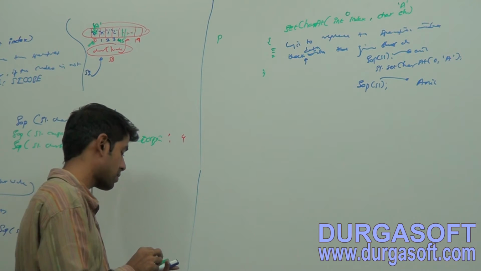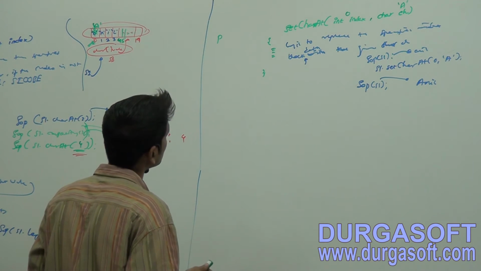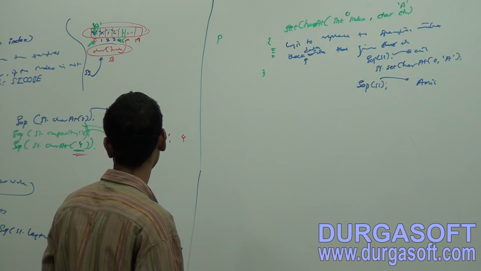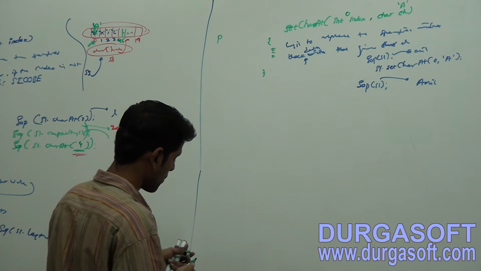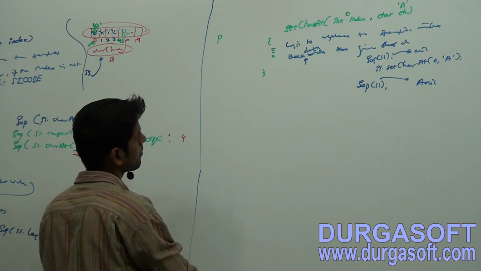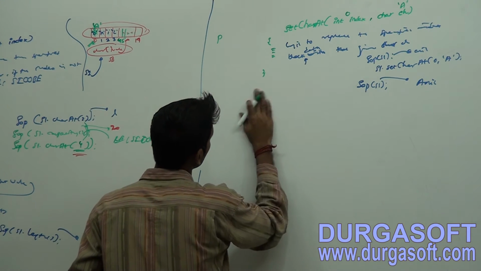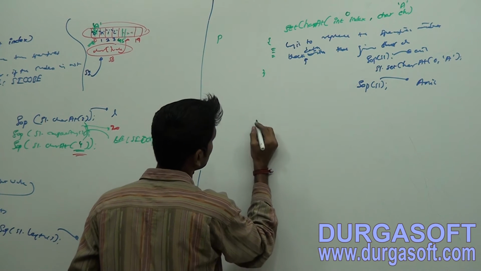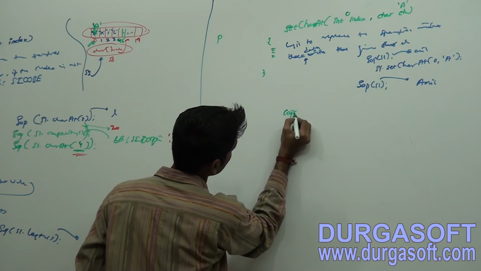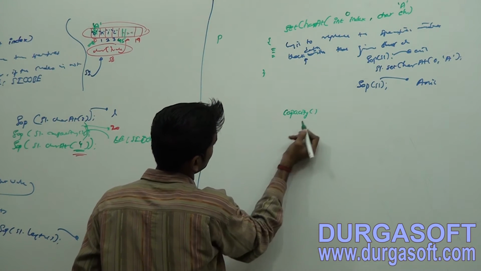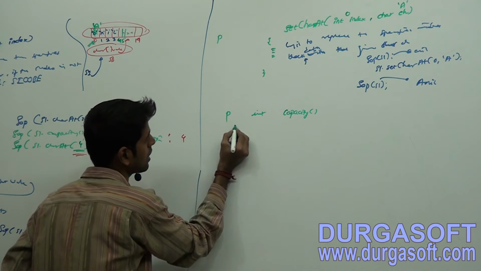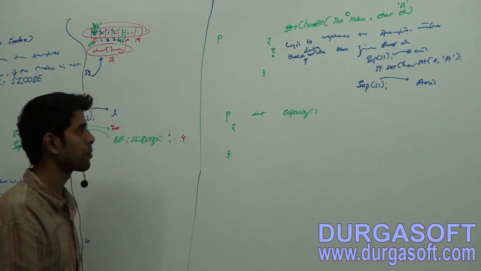Now let's go for understanding one more method. We have one method called capacity. We have understood this method in our earlier session itself.